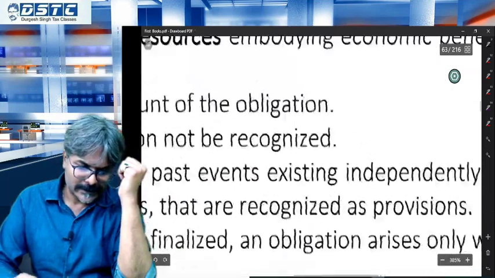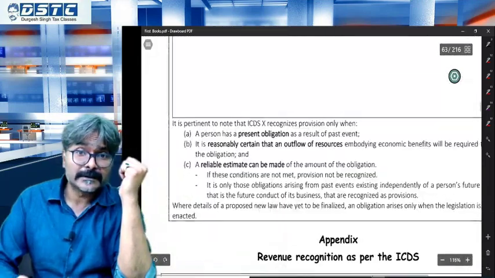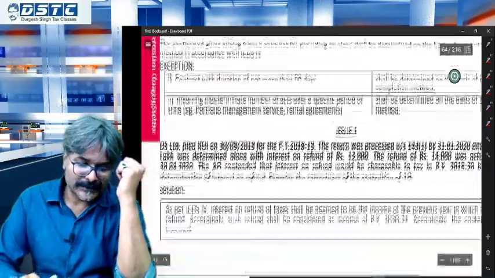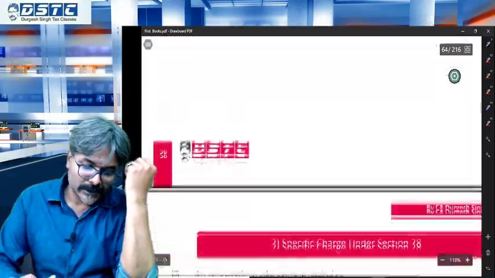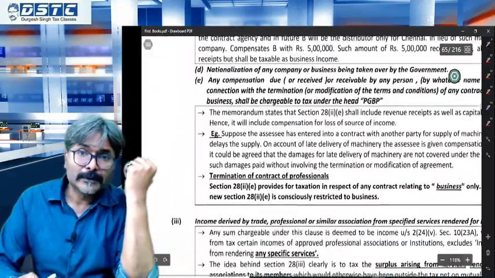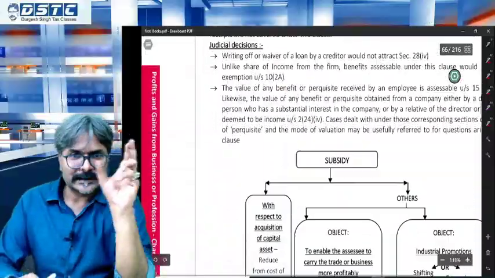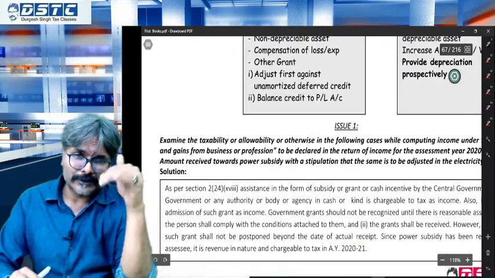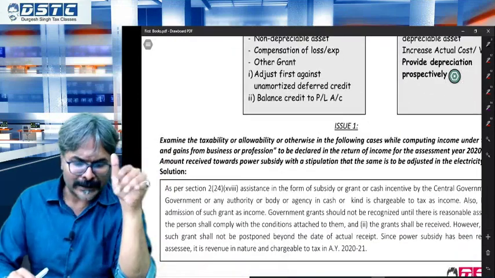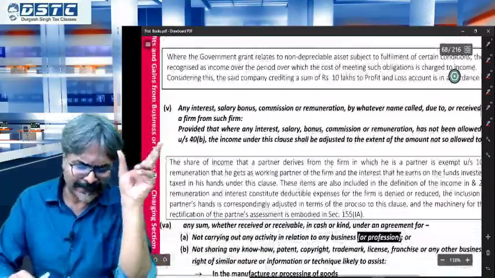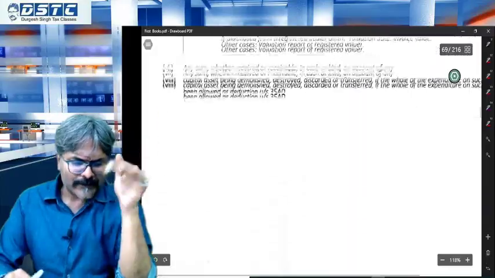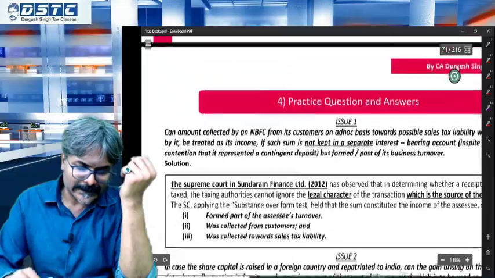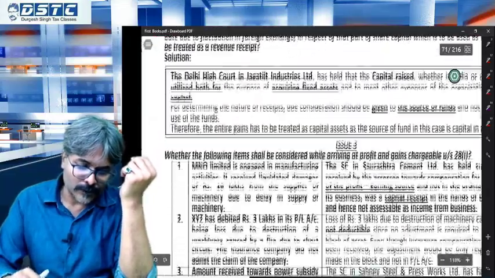That was one of your favorite adjustments, isn't it? Opening stock and closing stock was undervalued or overvalued, and you did those reconciliations. Because of undervaluation, whatever amount had to be net added or net reduced, you made that adjustment. Can you tell me under which section you have done that adjustment? Can you say that?